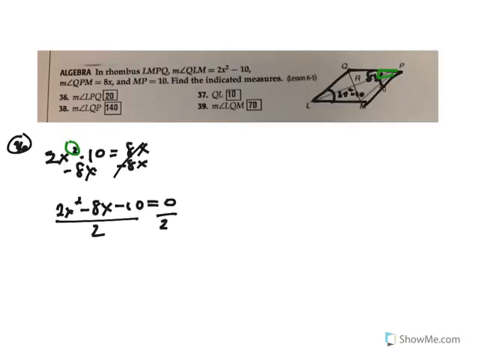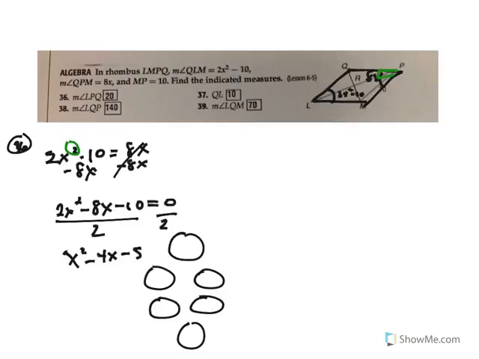I'm going to factor out a 2 just so I have smaller numbers to work with, and I'm left with x squared minus 4x minus 5. I factor, and a times c is negative 5, b is negative 4. I want to find the factors of negative 5 that add up to negative 4. And that is negative 5 and positive 1.